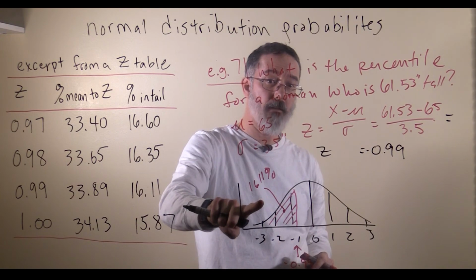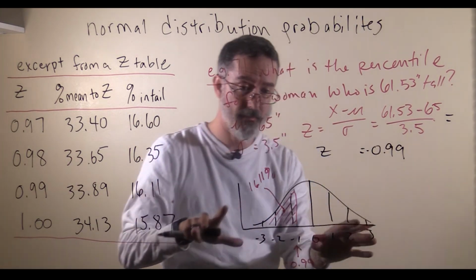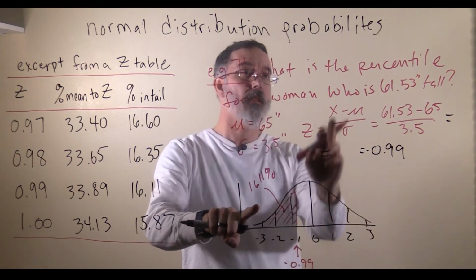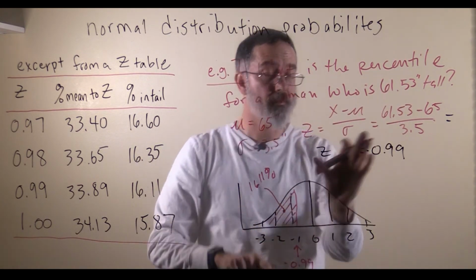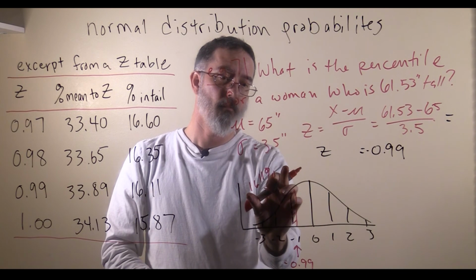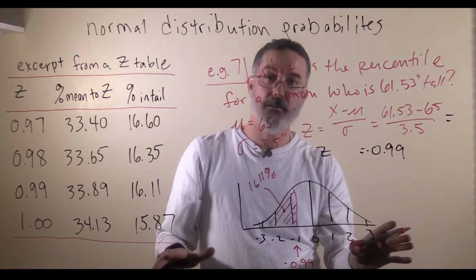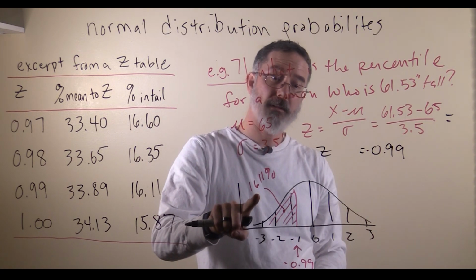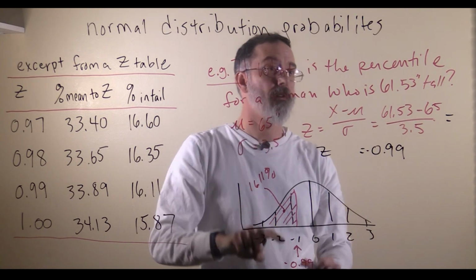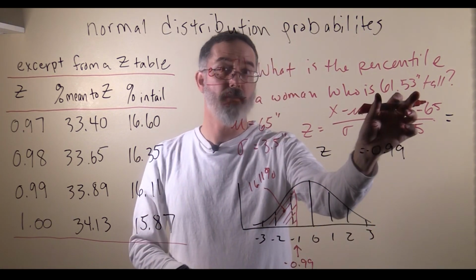So the percentile, it's nice that we've already solved the problem. So the percentile for a woman who is 61.53 inches tall is 16.11%. Or to translate that into regular language, about 16% of women would be shorter than a woman who's 61.53 inches tall.